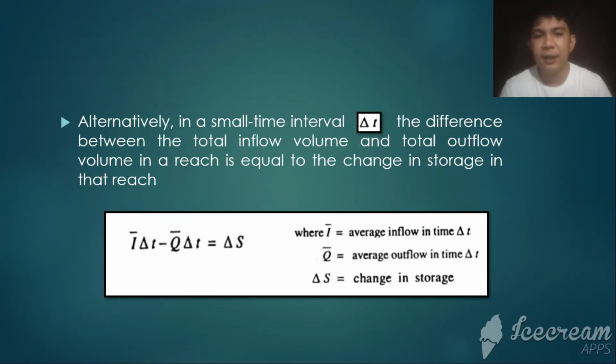Alternatively, in a small time interval delta t, the difference between the total inflow volume and the total outflow volume in a reach is equal to the change in storage in that reach. So we have the average inflow in time delta t minus the average outflow in time delta t is equal to delta S, or change in storage.